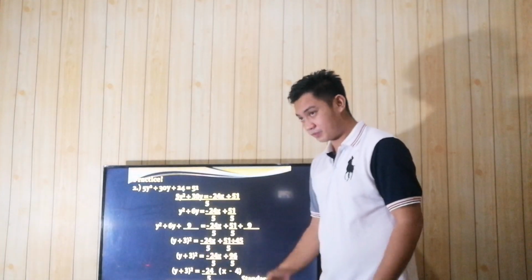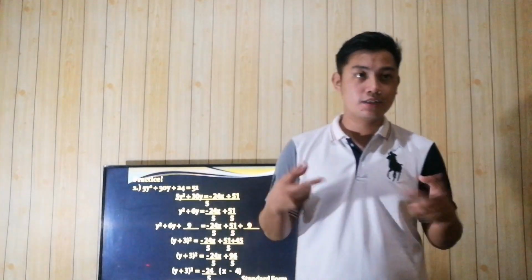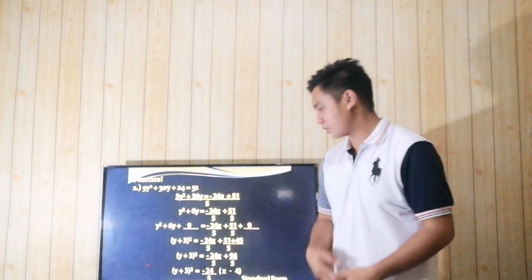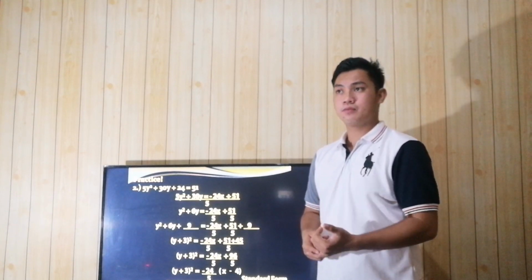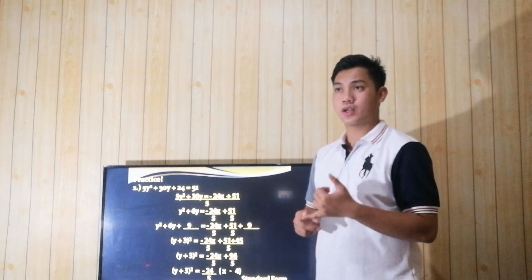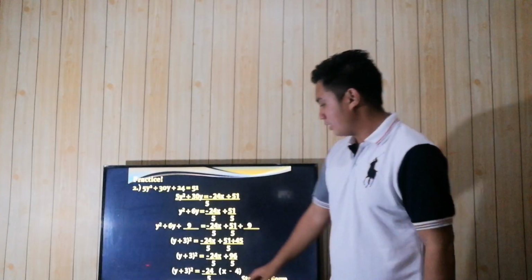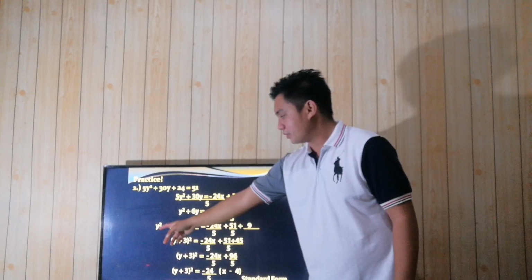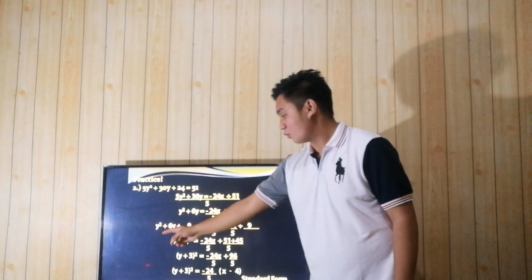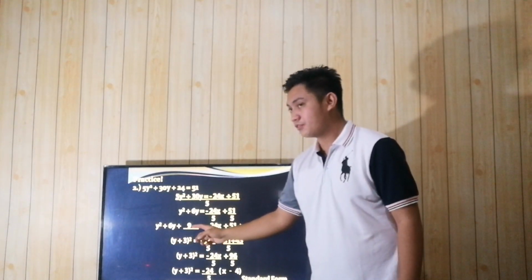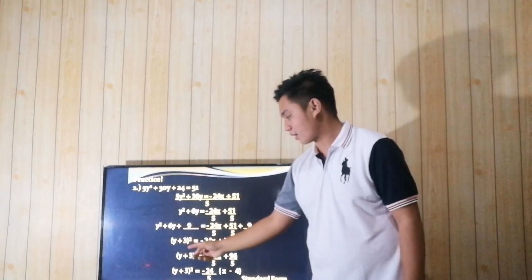Pagkatapos nun, ano na ang step na gagawin natin para makuha ito? Para makuha ito, we have to transform into binomial form and simplify. So, let's proceed. Paano nga mag-transform into a binomial form? Square root natin ang first term and the last term. The square root of y squared, we have y na lang. Square root of 9, we have 3, since 9 is a perfect square.